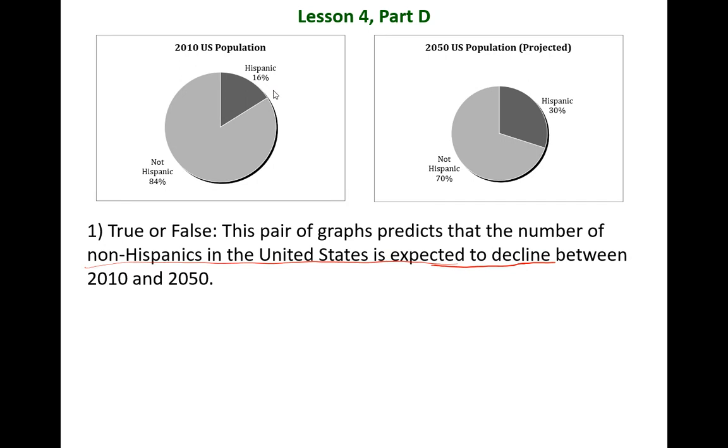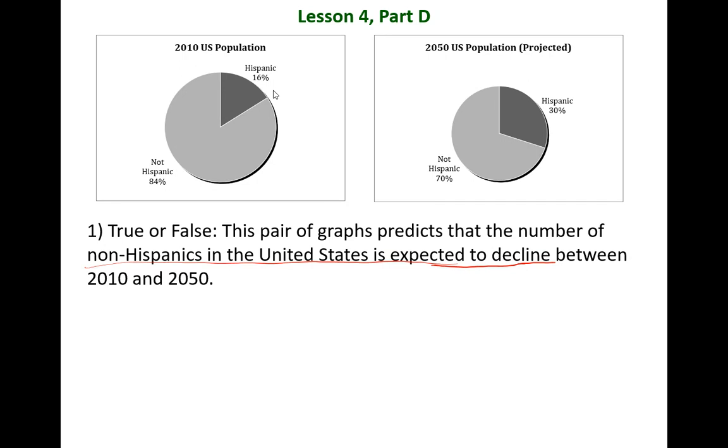If you think about it, it's possible for other groups, non-Hispanic whites, Black citizens, Asian American citizens, all of those to be increasing, but just not increasing as rapidly as the Hispanic population in the United States is increasing.